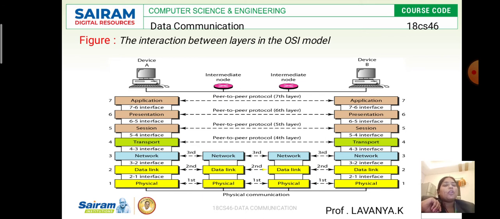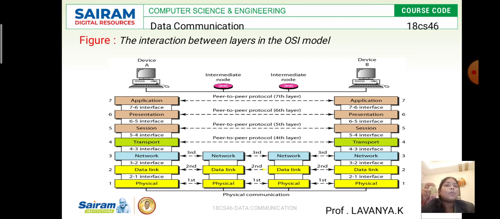Point-to-point means only a dedicated link is used for the transaction from one to one. In multi-point, on the given dedicated link or path, multiple stations can do transactions at a time. That we call multi-point configuration.